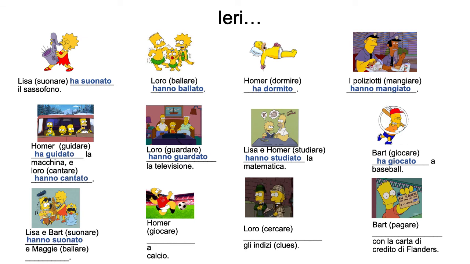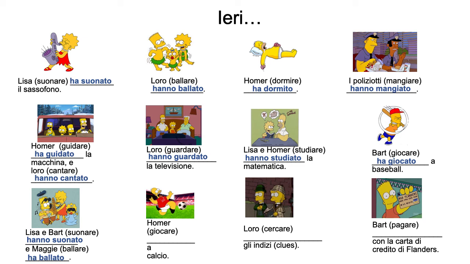And in the second part of the sentence, Maggie ballare, my subject is Maggie, so it's lei. The form of avere for lei is ha, and then the past participle of ballare is ballato. Maggie ha ballato. Maggie danced. For the next one, Homer giocare a calcio, right? I want to say Homer played soccer, so I want to use passato prossimo.